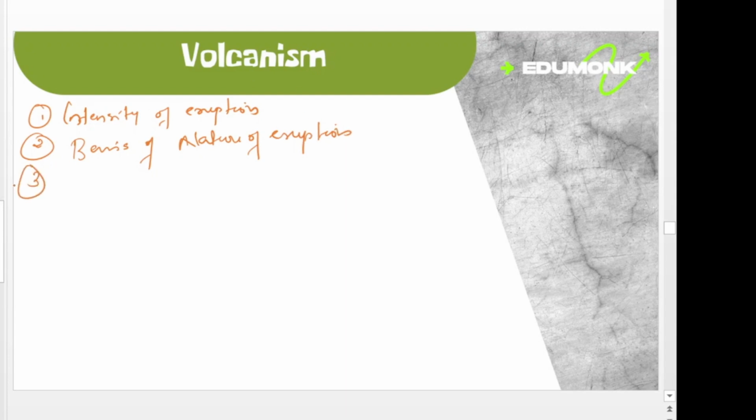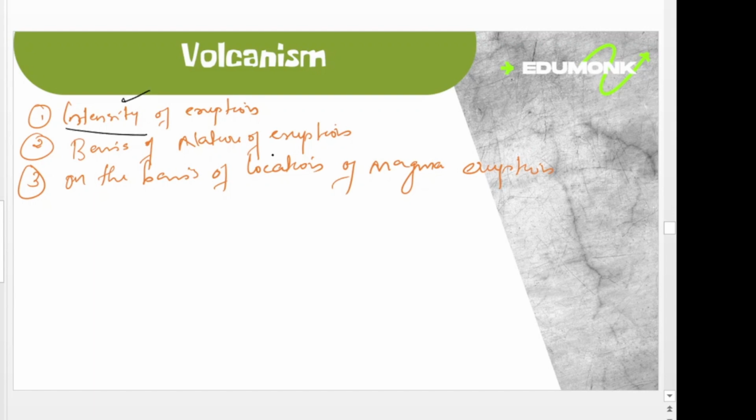Then third one is on the basis of location of magma eruption. So here the volcanoes can be classified into three based on three conditions: the intensity of eruption, the nature of eruption, and the location of magma eruption.